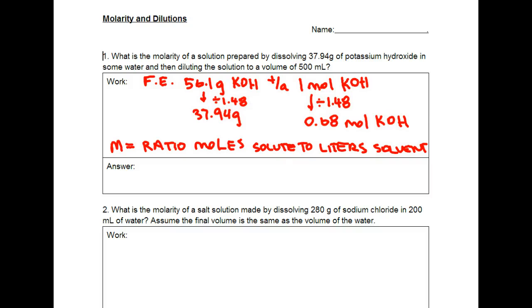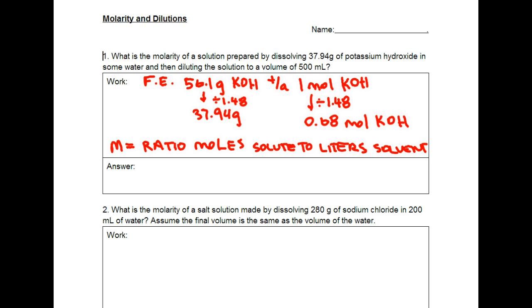For the first question, we have a molarity question, and it's asking what it will be if you start by dissolving 37.94 grams of potassium hydroxide in water up to 500 milliliters. So the first part has to be figuring out how many moles of potassium hydroxide you have.